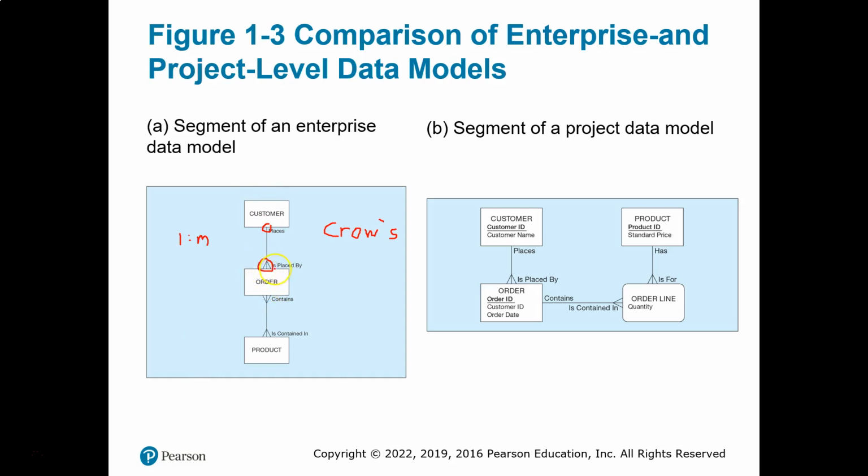Many orders can be placed by one customer. Okay, so yes, you could say, if I look at the order table as a whole, many orders can be placed by many customers, but generally speaking, we're not going to read it that way.